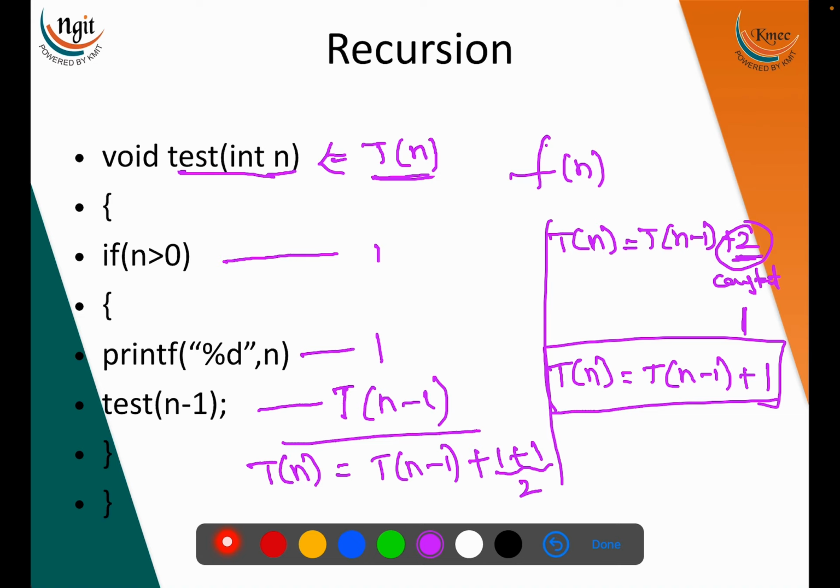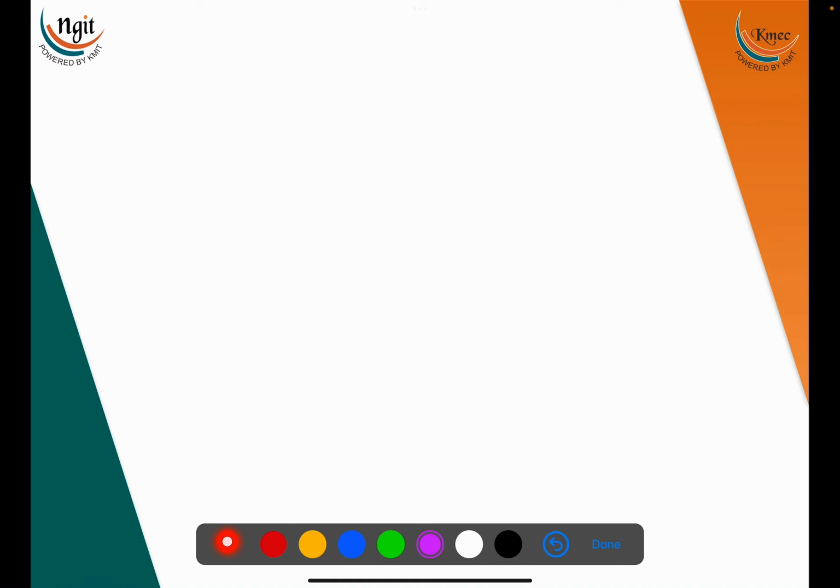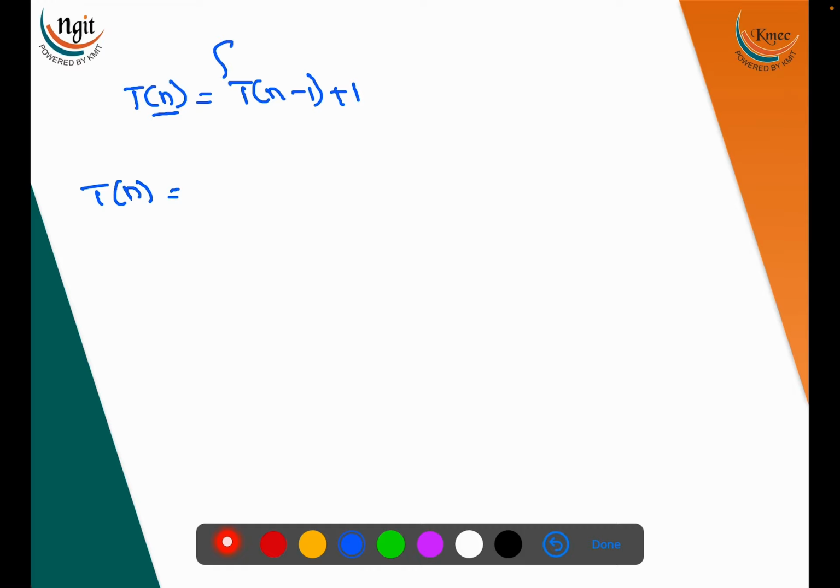Okay. And now we'll take this relation in the next slide. So T of n is equal to T of n minus 1 plus 1. This is the time complexity for n value. Now we'll write this. Total time complexity is equal to T of n minus 1 plus 1 where n value is greater than 0.